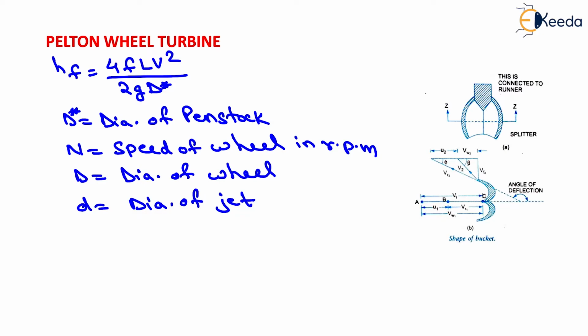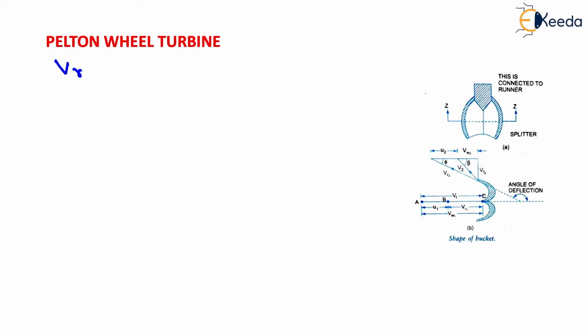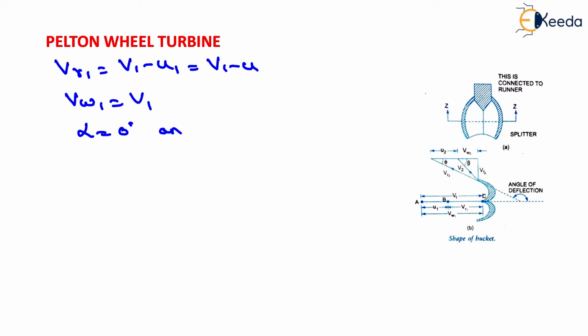So the velocity of jet at inlet, that is V1, will be equal to under root of 2gH, and U equals U1 equals U2, which will be equal to pi D N upon 60. The velocity triangle at inlet will be a straight line where VR1 will be equal to V1 minus U1, or we can write it as V1 minus U. We know that VW1 will be equal to V1, with alpha equal to 0 degree and theta equal to 0 degree.